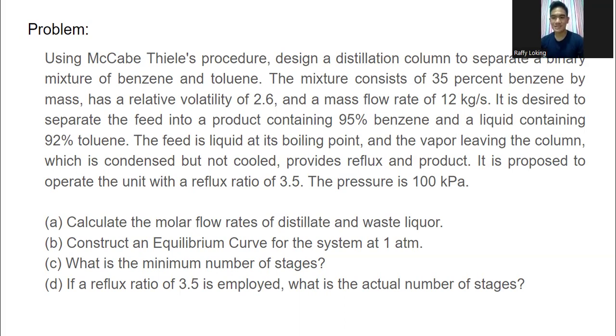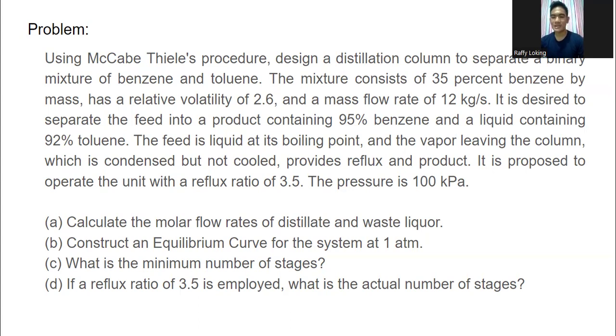It is desired to separate the feed into a product containing 95% benzene and a liquid containing 92% toluene. The feed is liquid at its boiling point, and the vapor leaving the column, which is condensed but not cooled, provides a reflux and end product. It is proposed to operate the unit with a reflux ratio of 3.5. The pressure is 100 kPa.